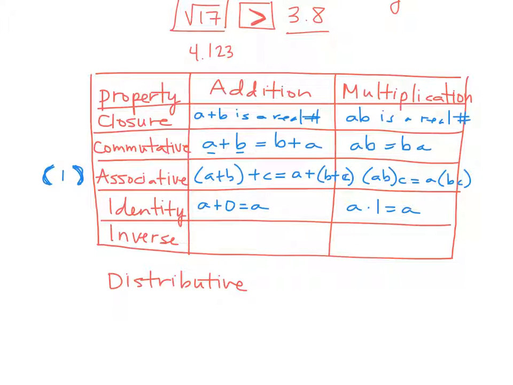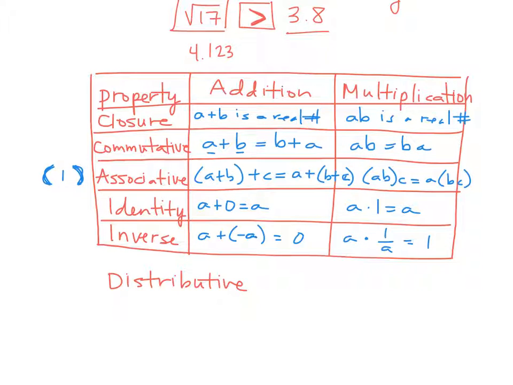And then inverse. The inverse property says if you take a number and add its additive inverse, in other words the opposite, what do you get? 0. For multiplication, if your number is A and you multiply by its reciprocal, 1 over A, what will you get back? You'll get 1.